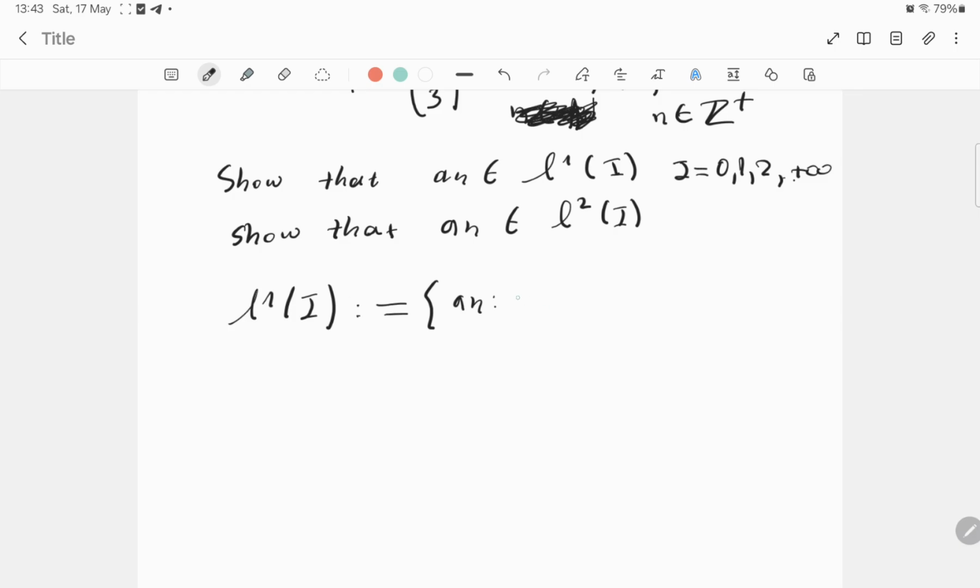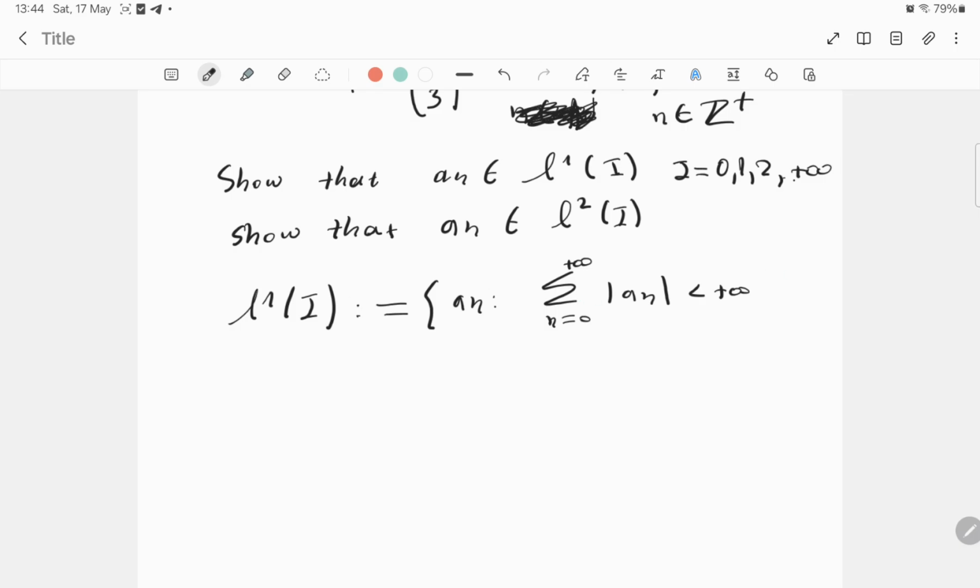Little l1 is the set of sequences a_n such that the sum from n equals 0 to infinity of the absolute value of a_n is bounded, is a finite number.